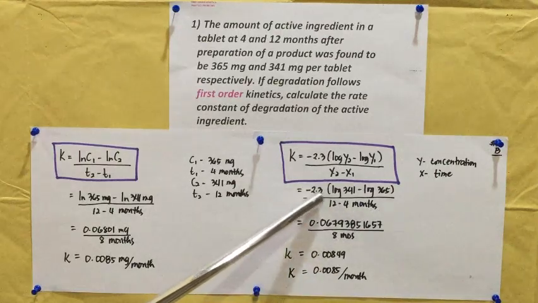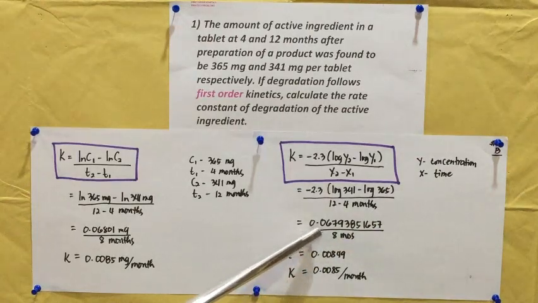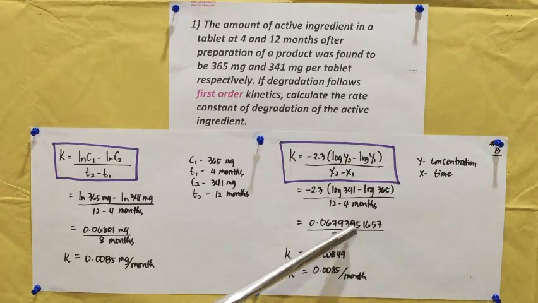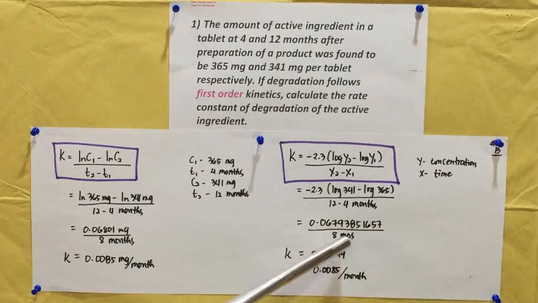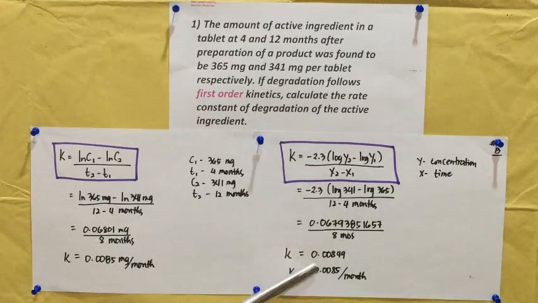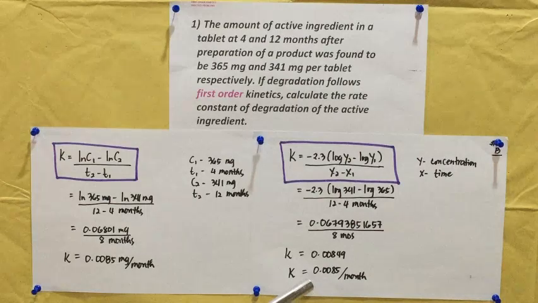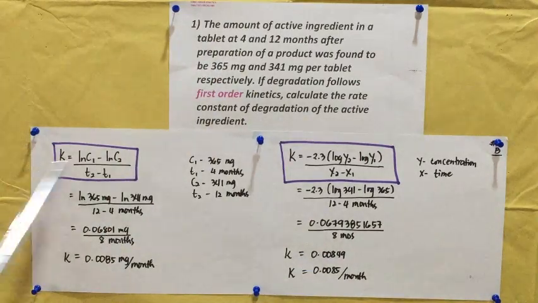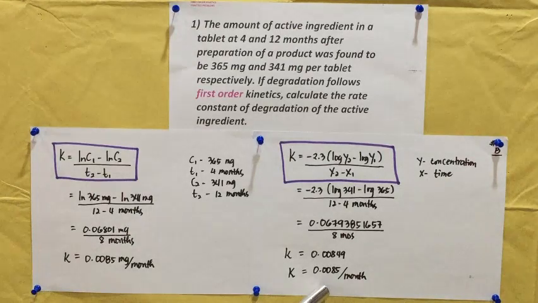So, inputting this in the scientific calculator, you will get this answer: 0.06793851657 divided by 8 months. So K now is equivalent to 0.00849, and if we're only going to use 4 places, K is equivalent to 0.0085 per month. So whichever formula you are going to use, you will still arrive at the same answer.